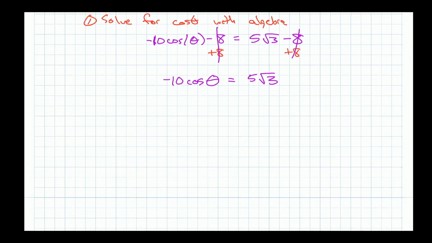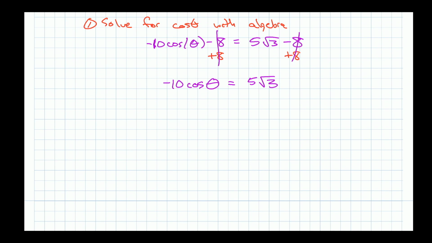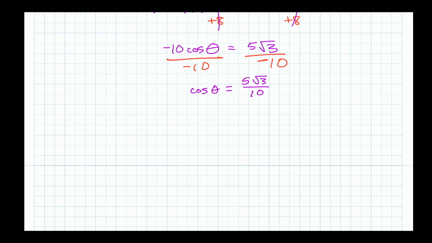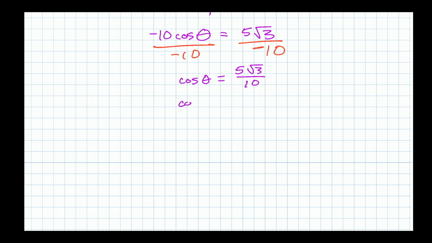You're trying to get the cosine theta by itself, so you should divide both sides by negative 10. What are you going to get? You're going to get cosine theta is 5 square root 3 over 10, but 5 over 10 is 1/2, so that's actually square root 3 over 2 when you reduce that fraction, right?